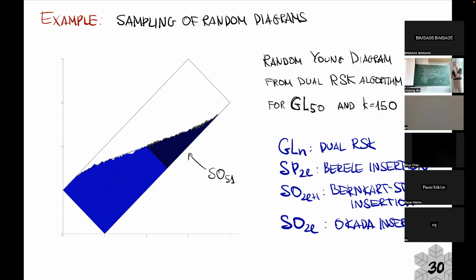I understood that in your case you have to consider the product of vertical strips, so-called vertically strict tableaux, and we have a construction for vertically strict tableaux. But in this case, RSK is not enough.